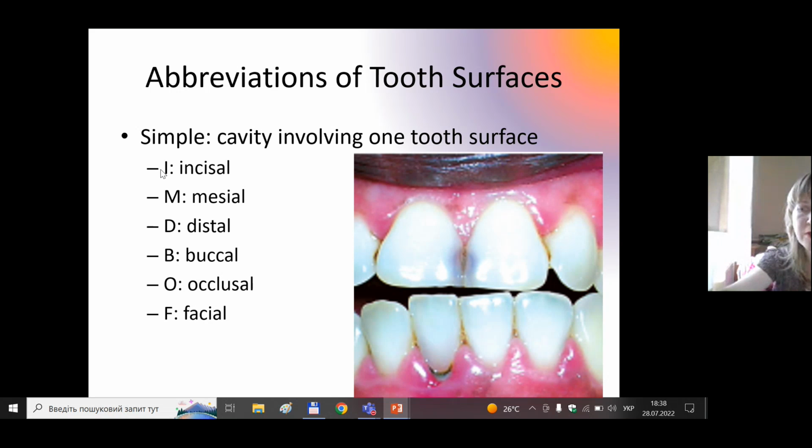We can describe this cavity in the following way: I, incisal; M, mesial; D, distal; B, buccal; O, occlusal; F, facial surface is affected by tooth decay.